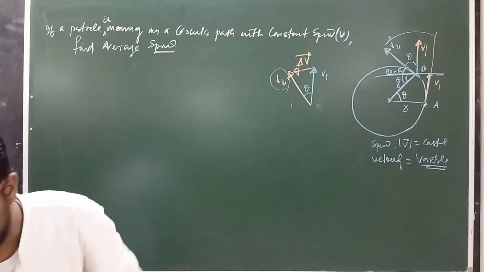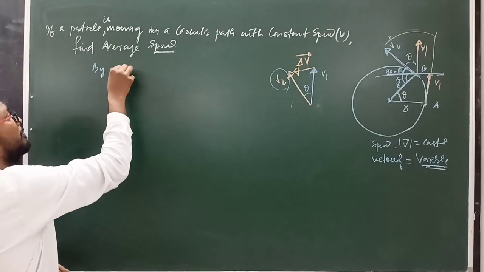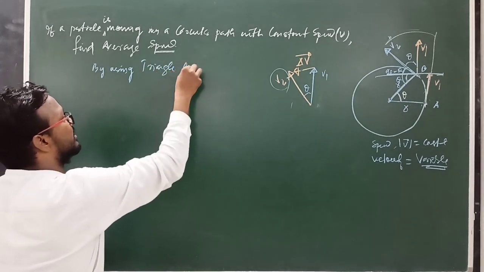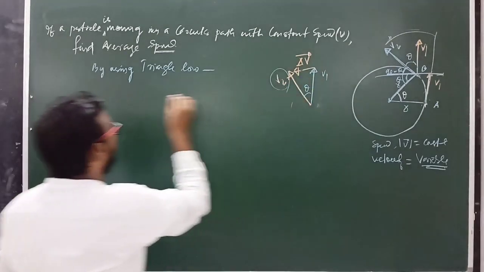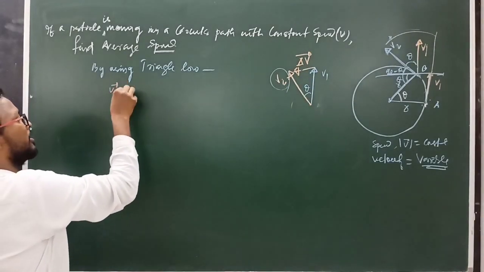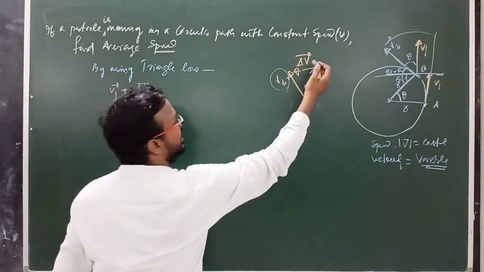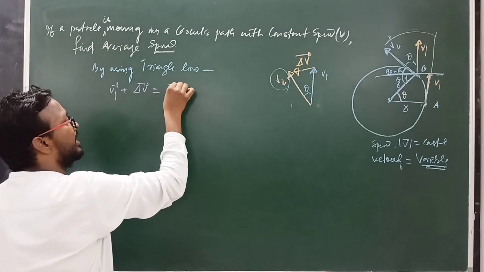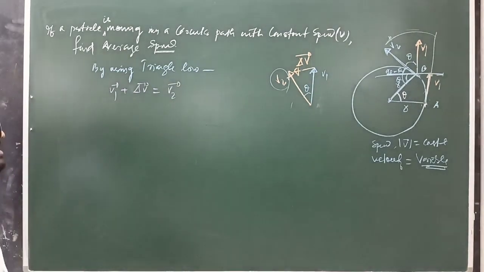So if we use the triangle law of vector addition, you can write V1 plus delta V vector equals V2 vector. Now the magnitude.